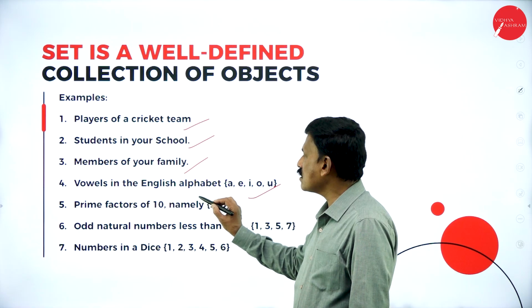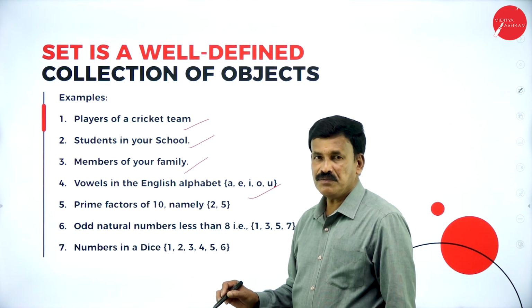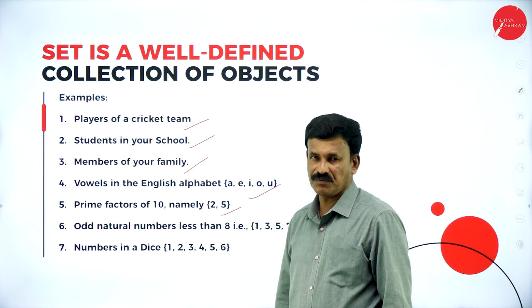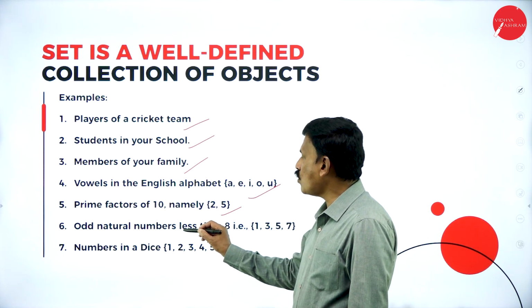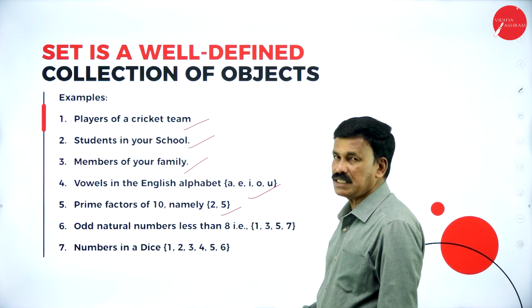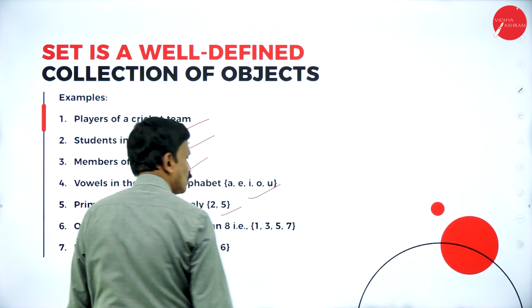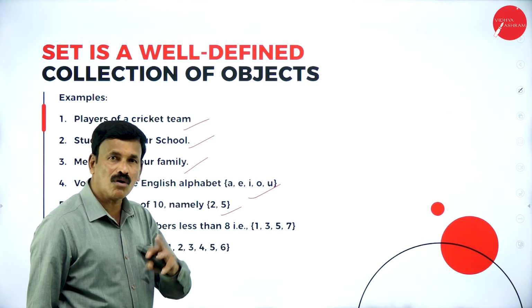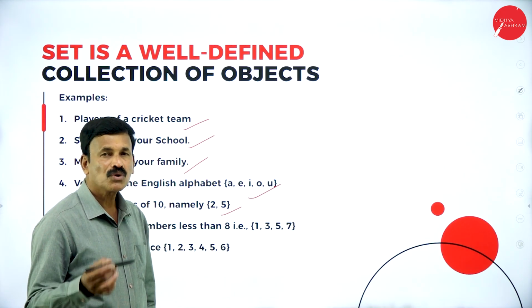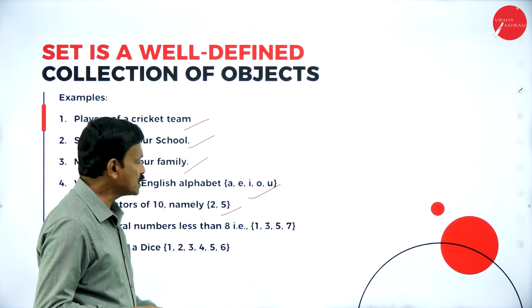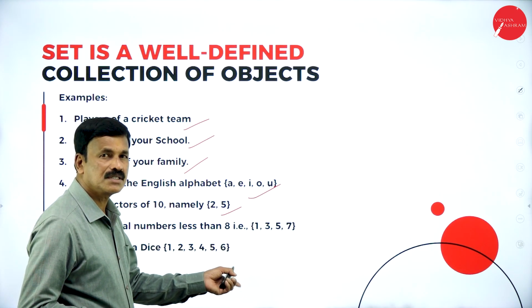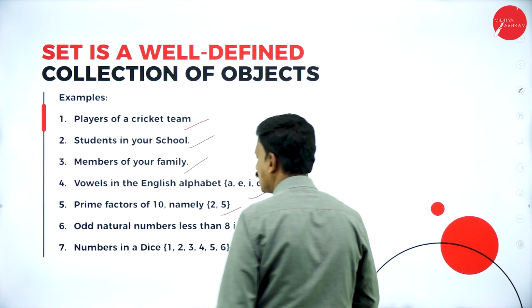Prime factors of 10, that is 2 and 5, is a set. Again, odd natural numbers less than 8 are 1, 3, 5, 7. This is also an example for a set.